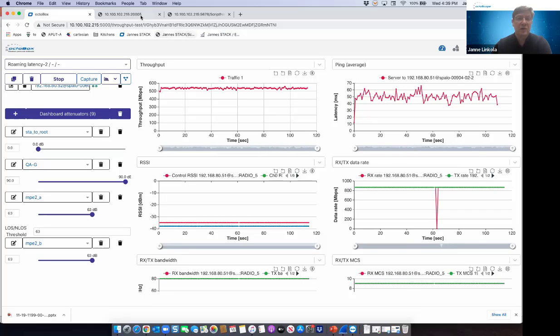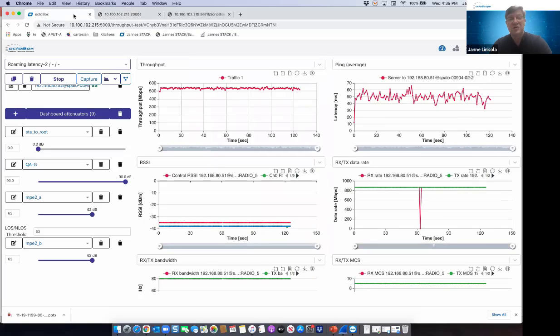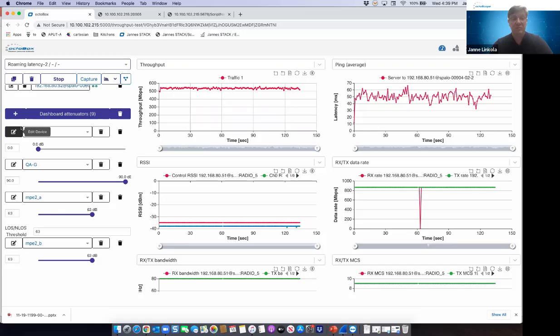Now, what I'm going to do next is I'm going to minimize the attenuator between the StayPal and the first extender. And so now the StayPal sees both the root node as well as the first extender. It's still connected to the root node because it has a great signal and there's no need here to do any kind of roaming event.